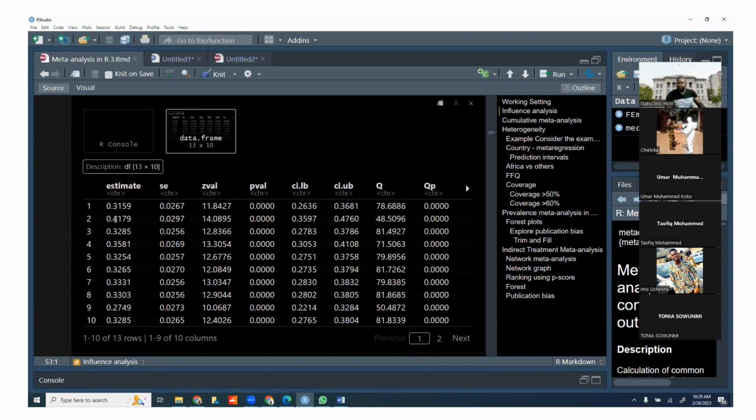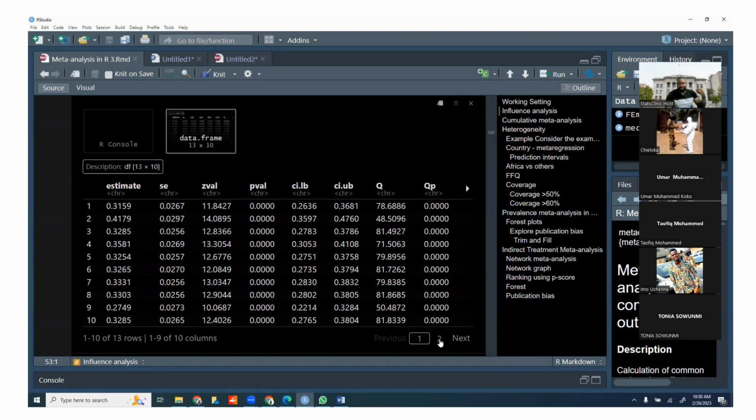So you might think that once we take out study two, the estimates change a lot. So maybe study two is exerting a lot of influence on the pooled estimate.